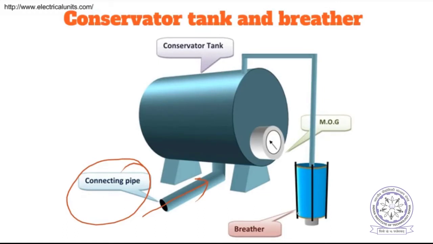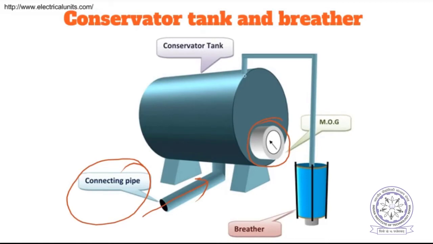And then there is a magnetic oil gauge. There will be no hole here into the tank, but there will be inside. I will show the structure of how it works. The oil gauge will tell us the level of the oil here. In the conservator tank there is some empty space.